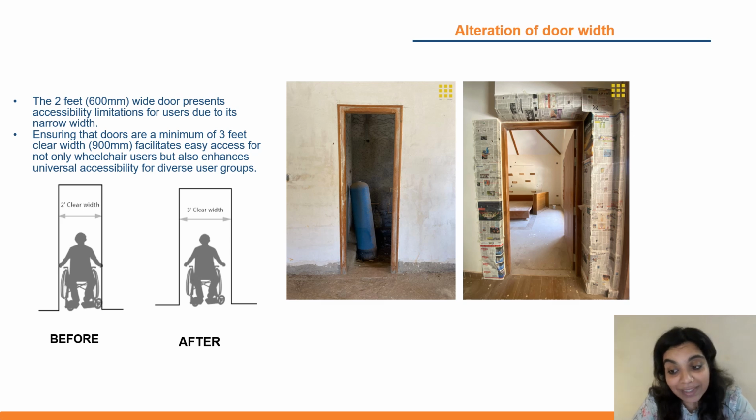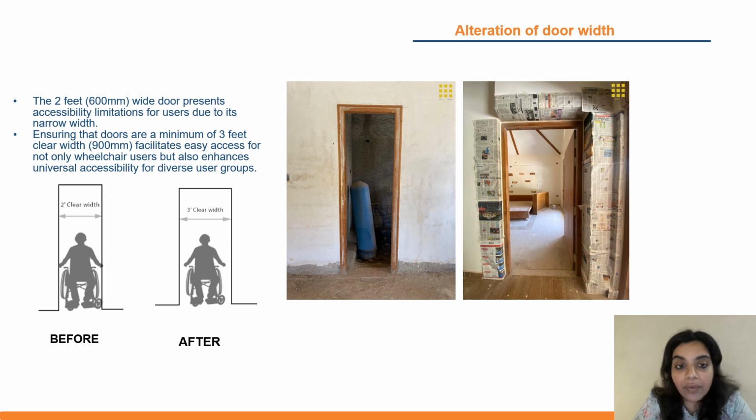The clear door width was not more than 2 feet in many spaces. And it's a very interesting concept that most bedroom doors in India are at least kept at 2 feet 6, and the toilet door becomes exceptionally small. I wonder how somebody who enters through the bedroom door is also able to enter through this toilet door.